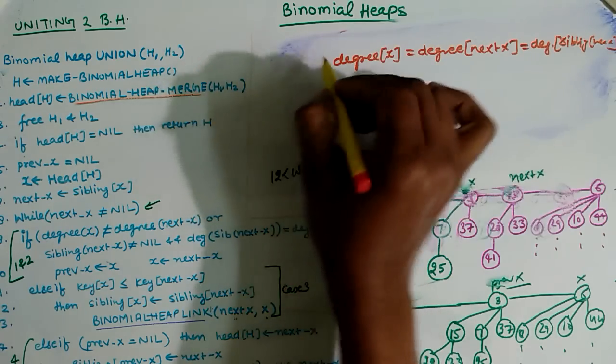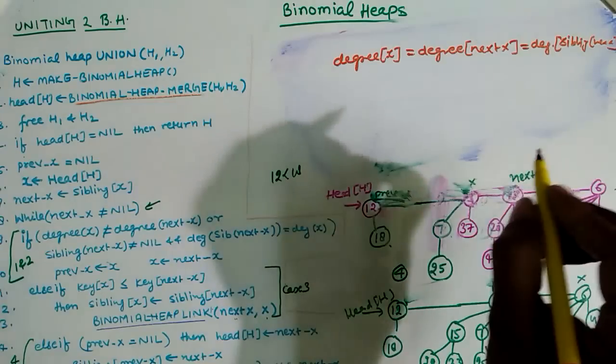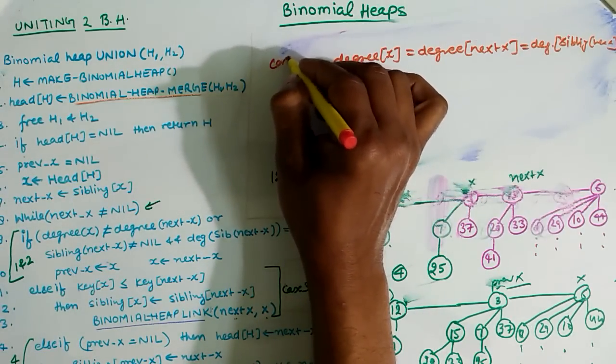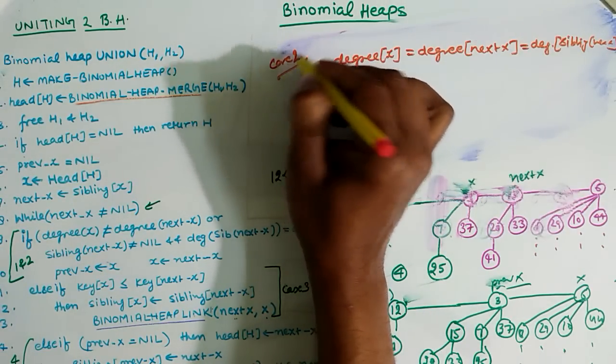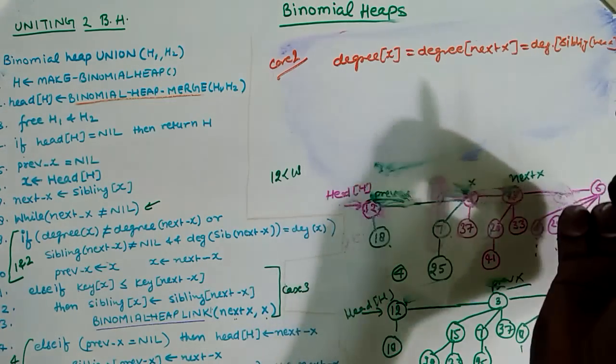This means when we have three roots with similar degrees, then we execute case 2 or 1 and just shift the pointers.